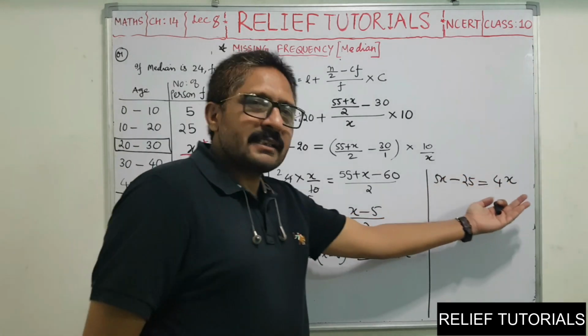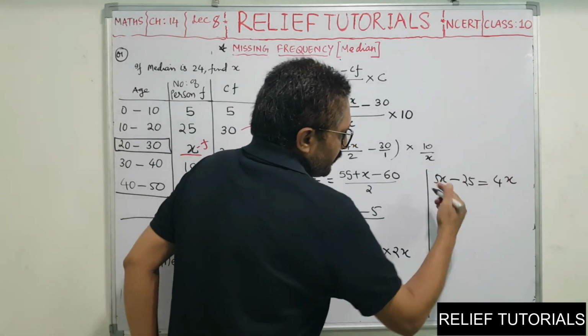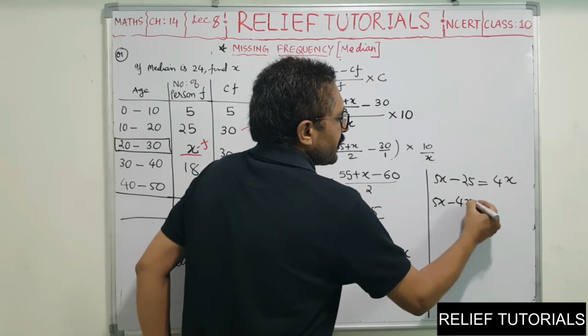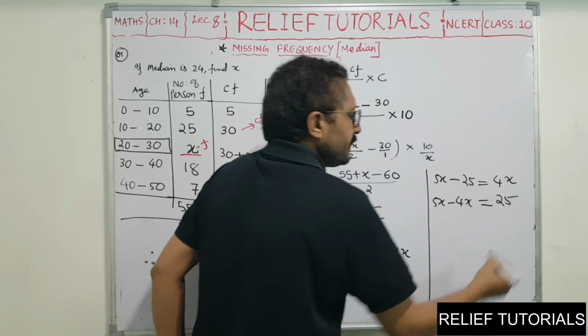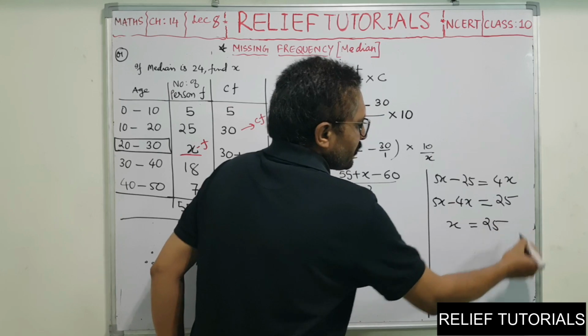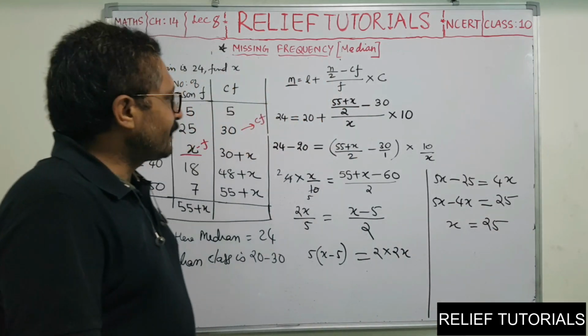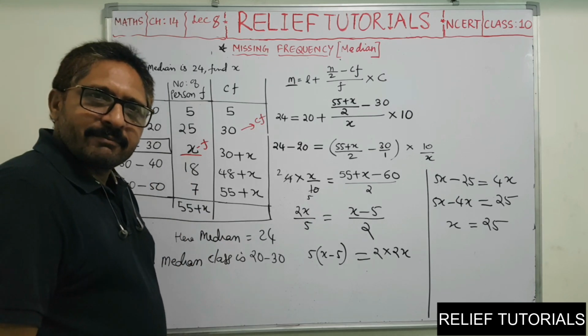Now all x terms on one side. Why? Because they are like terms. So this 4x will come here. So 5x minus 4x is equals to minus 25, which will go on the other side and become 25. 5x minus 4x, x is equals to 25. So in this way we have found the missing frequency x is 25.